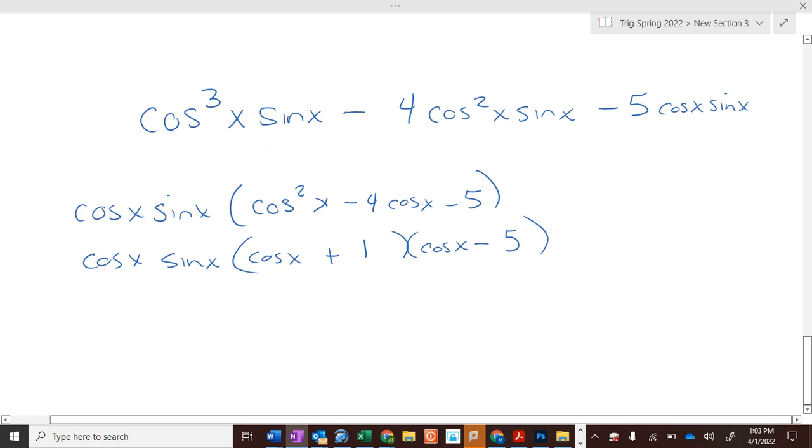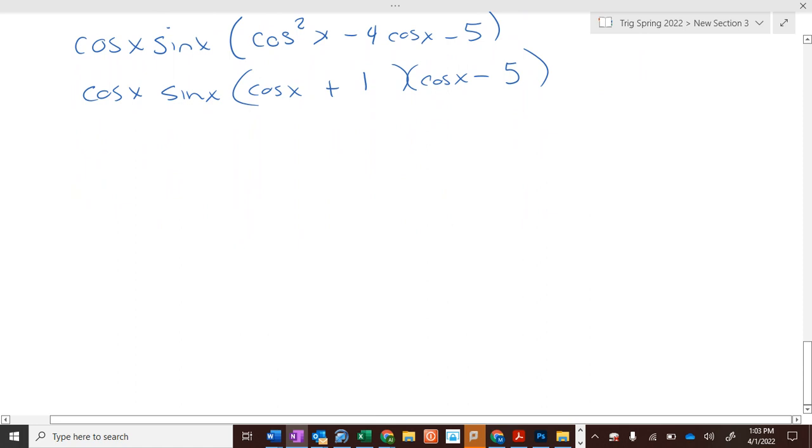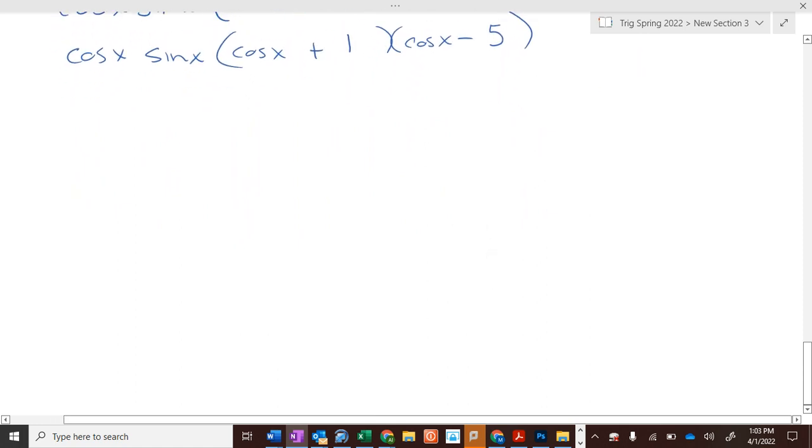Okay, our last thing that we're going to hit is what if there's 4 terms? So if we have secant of x cosecant of x plus cosecant of x plus secant of x plus 1.